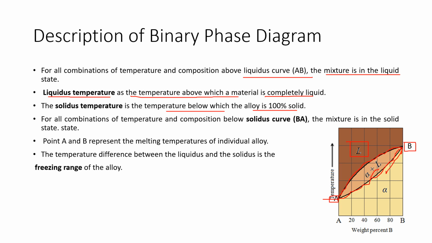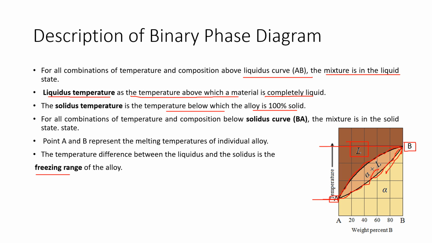So the liquidus line separates the liquid solution from the mixture of liquid plus solid. The solidus line separates the solid solution from the mixture of liquid plus solid solution. Alpha is a homogeneous mixture of both components.